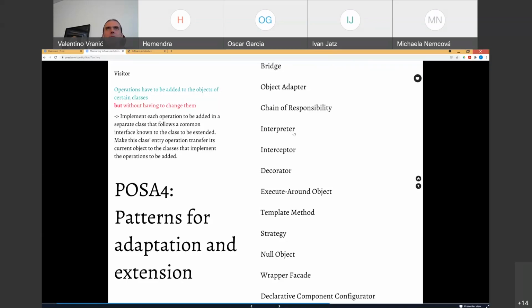If you ever applied the visitor pattern or whatever pattern, or analyzed an example of a pattern, I think you spent quite a lot of time in order to understand the logic of the pattern. So applying a visitor will make your code more difficult to understand.